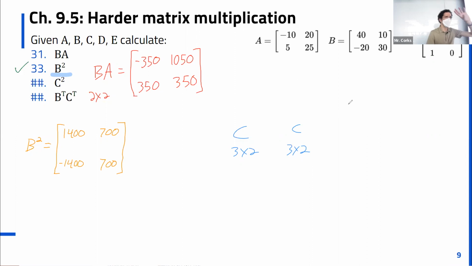What versions of a matrix times itself would always work? If we have some generic matrix, let's use a different letter, like H squared, it's not always possible. It's only possible if it is a square matrix, if the rows and columns are the same. Otherwise, it won't work. But are there other ways where one matrix times itself will always be possible, with maybe some changes?